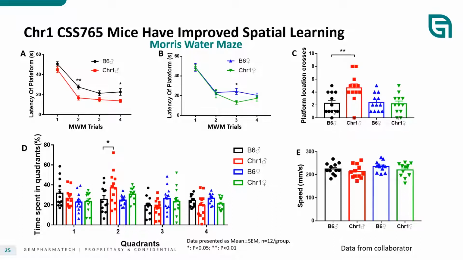When looking in the Morris water maze, looking at platform location crosses, there was some difference in the males. In the time spent in quadrants, again, there was some difference in the males, and the actual speed was about the same for both the consomic strain males and females with their wild type counterparts.